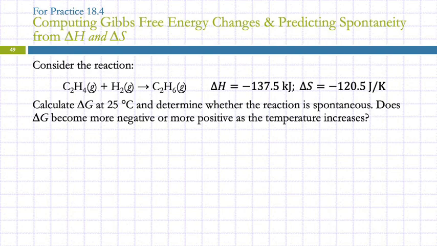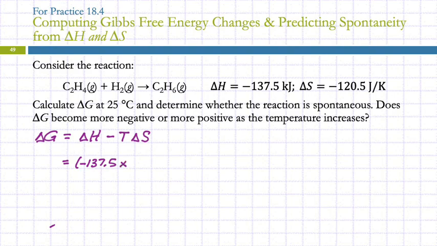So we're supposed to calculate delta G at 25 degrees Celsius. Well, what's the equation? Change in enthalpy minus T times the change in entropy. So we've got negative 137.5 kilojoules.